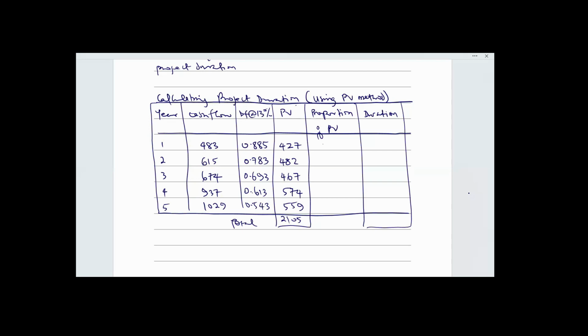0.203. What you have in your calculator multiplied by 1 will give us 0.20, right? Yes, sir. Then you go to the next one. 482 divided by 2105. 0.228.